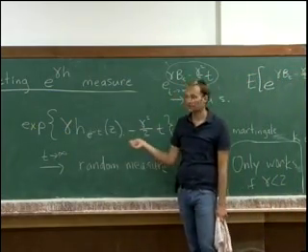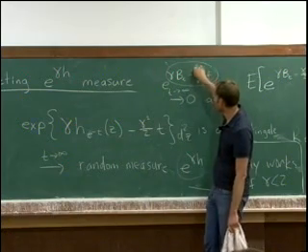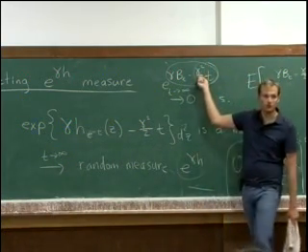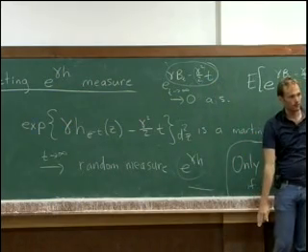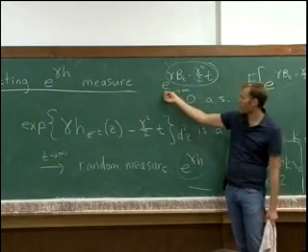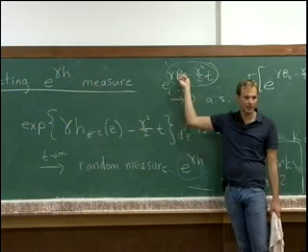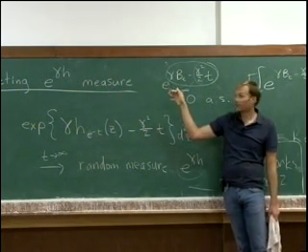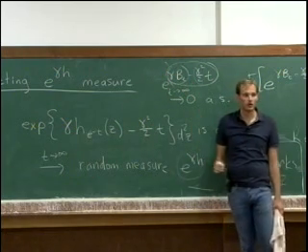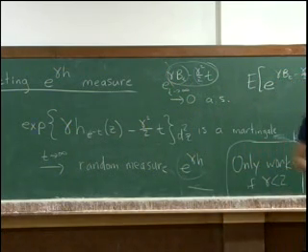Because as gamma gets bigger, well, the drift gets bigger here, right? You have this negative downwards drift on your Brownian motion. And as the drift gets bigger, in order for this e to the gamma B_t minus the drift term to stay important, the Brownian motion has to be more and more exceptional. It has to do more and more weird things. It has to be weirder and weirder somehow.